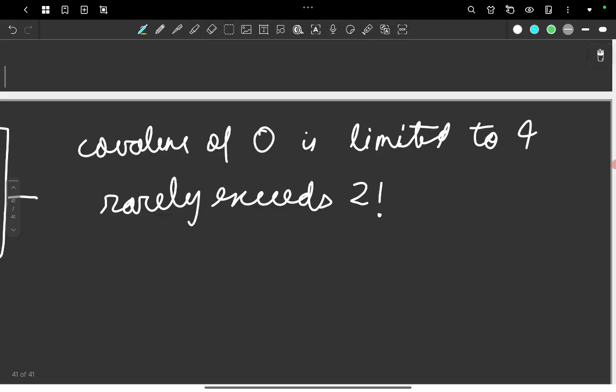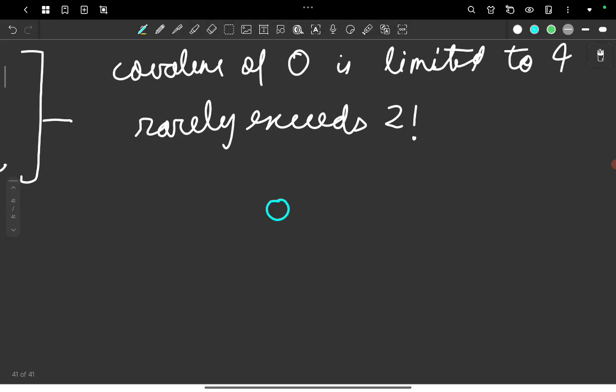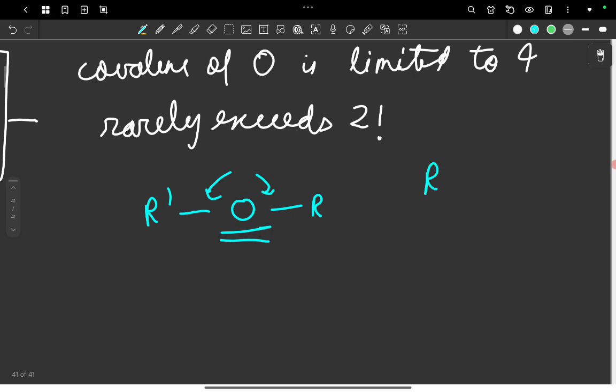Like in organic chemistry, you must have seen that in ethers, ROR, oxygen is happy in this state where it's forming two covalent bonds, or maybe in alcohols, ROH, again two covalent bonds.